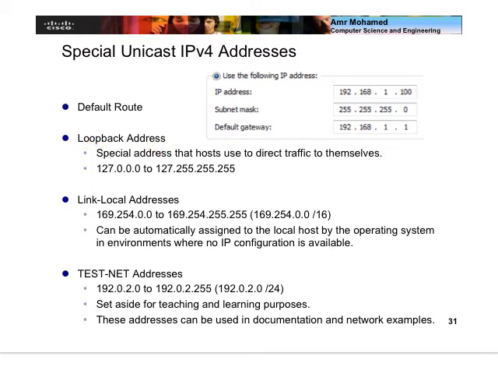Unlike the default route, the loopback address is a special address which takes any IP address in this range. So this whole range is allocated to loopback. So from 127.0.0.1 all the way to 255.